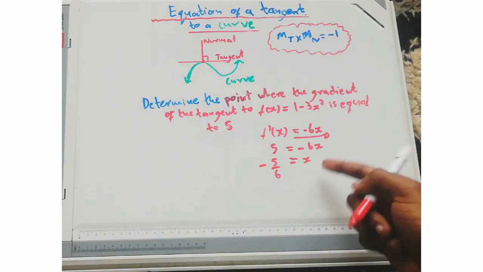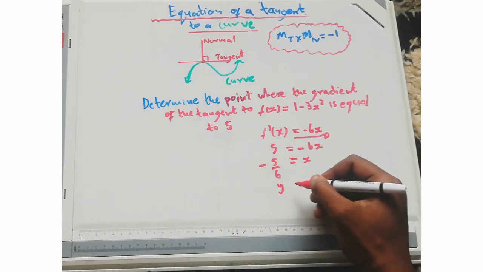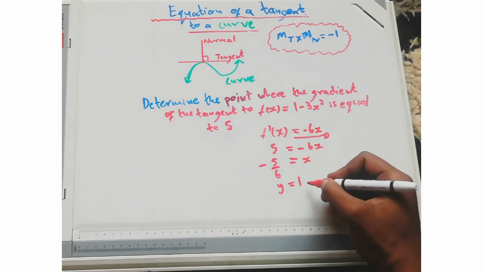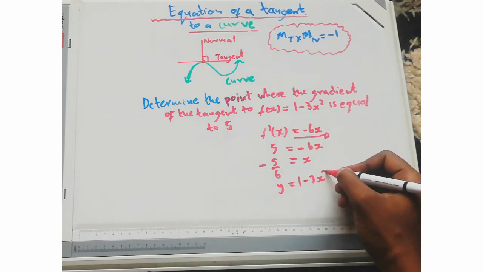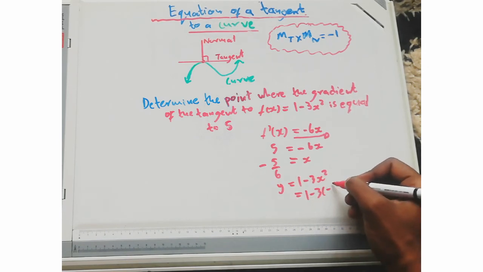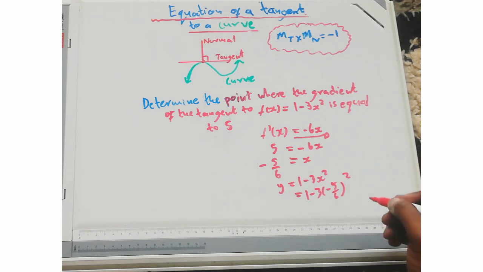That's our x coordinate. So for us to find our y coordinate, we have to go back to the original function, which is this one, and then we have to substitute our x there. And then you'll get that your y is -13 over 12.